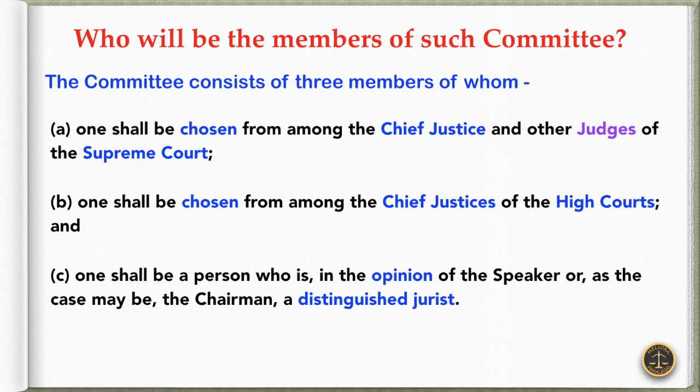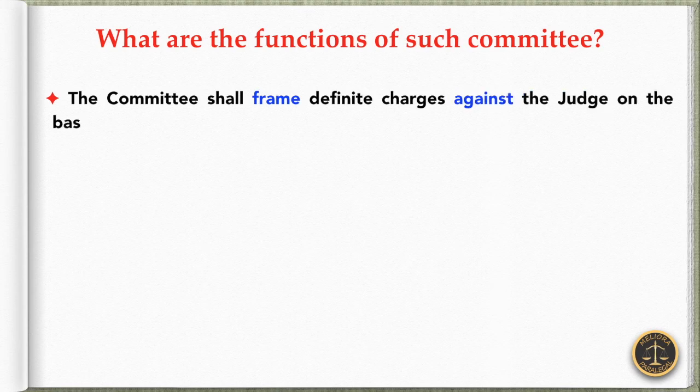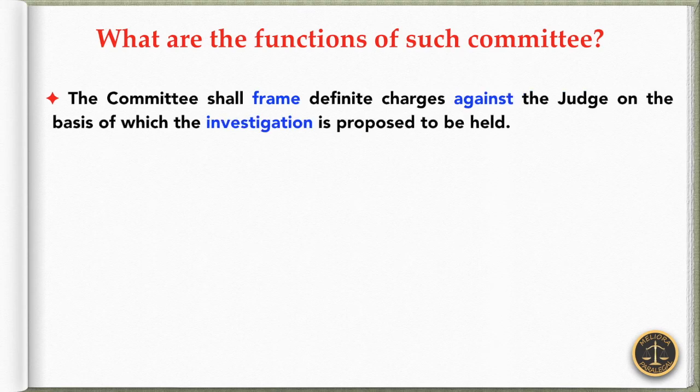Now, the next question is, what are the major functions of such a committee? The committee shall frame definite charges against the judge on the basis of which the investigation is proposed to be held.